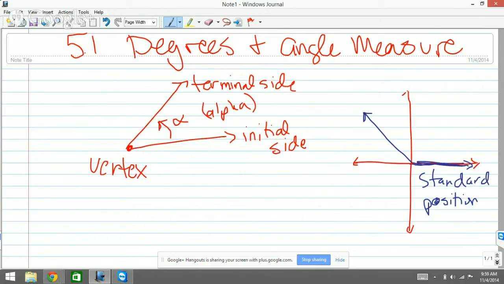So there's your initial side. What's a possible measure for that angle? And then the terminal side is in what quadrant? Remember, 1, 2, 3, 4. So angles are going to follow that progression as well.